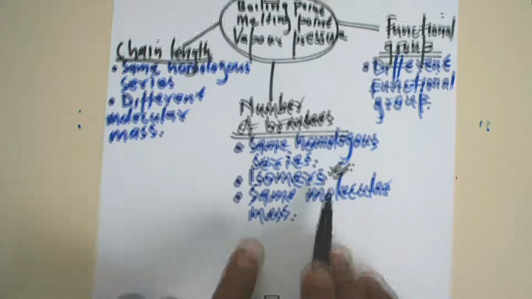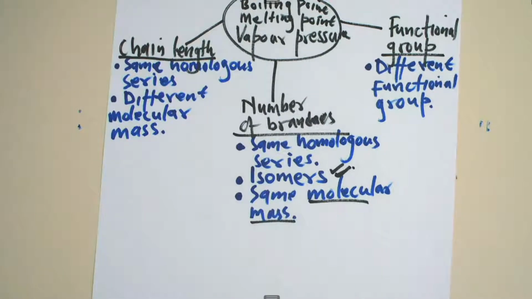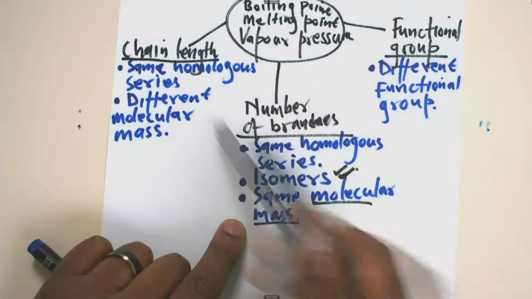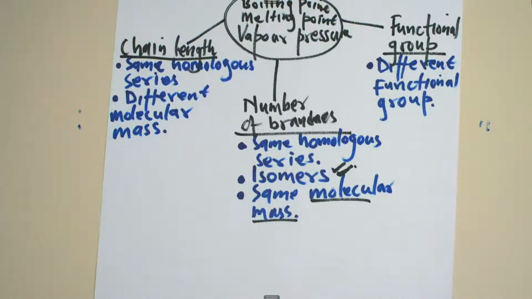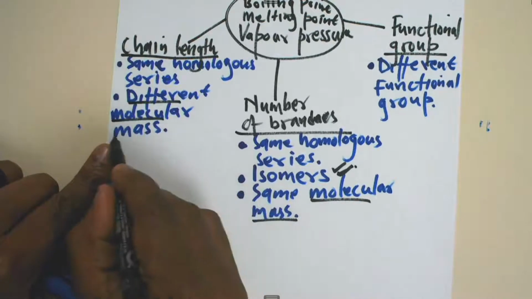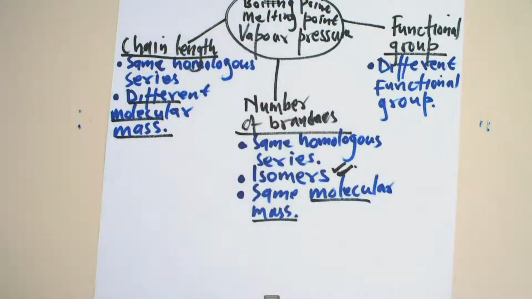If they are isomers of each other, they must have the same molecular mass. So if the molecular mass is the same, it says they should be isomers, and the examiner is asking me about the number of branches. If I get a different molecular mass, then the examiner is asking me about chain length. So this is key.